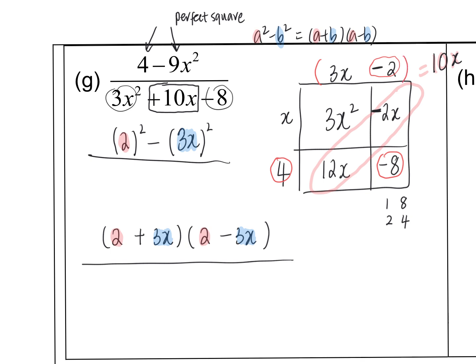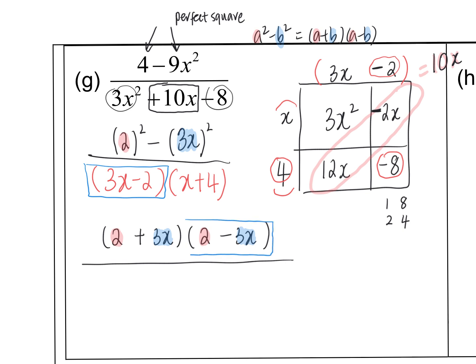So I know I'm done. The two factors would be 3x minus 2, and then the other one is x plus 4. Okay? So when you look at it, I want you to see that they are slightly different. One of it is 3x minus 2, but the one here is 2 minus 3x.